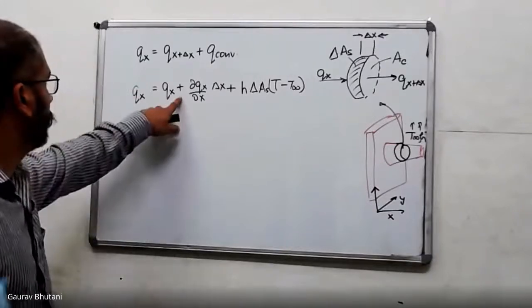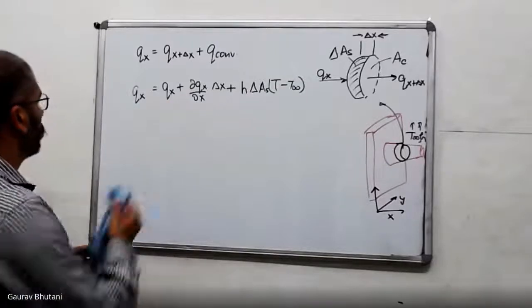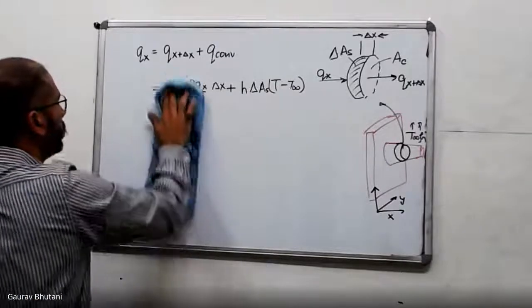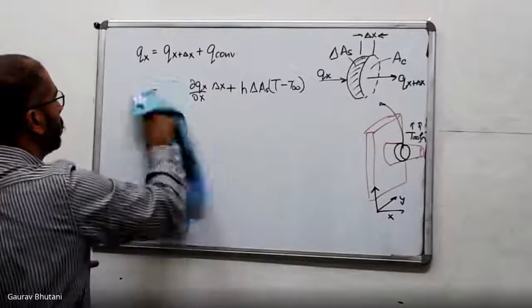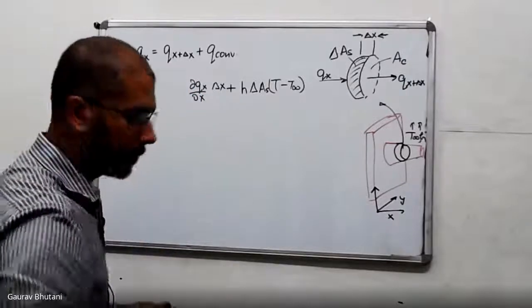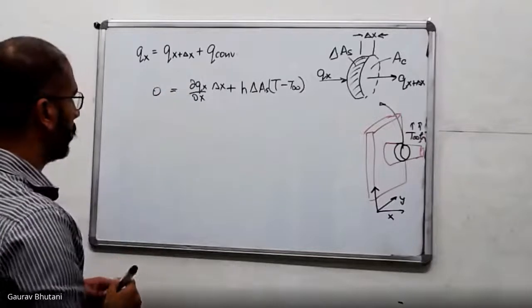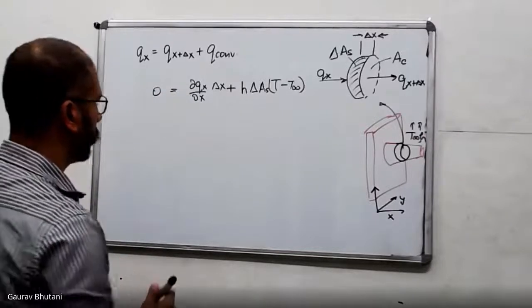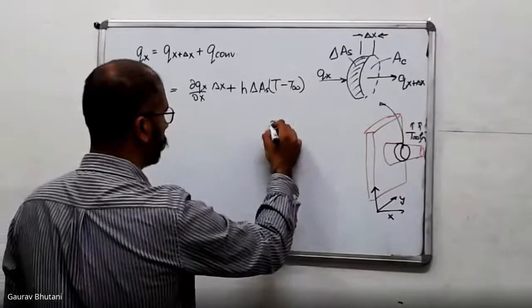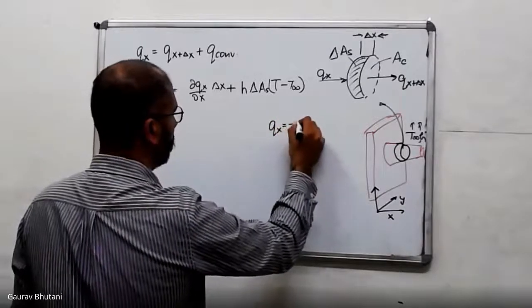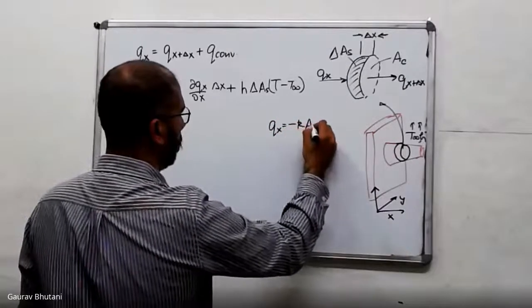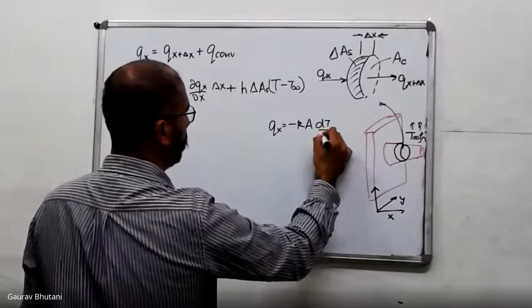Now I can simply remove this Qx from both sides. And then I can also use my Fourier's law of heat conduction. So remember that Qx was minus K A dT by dx.